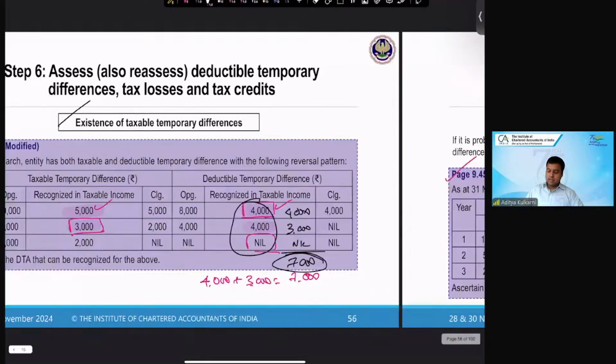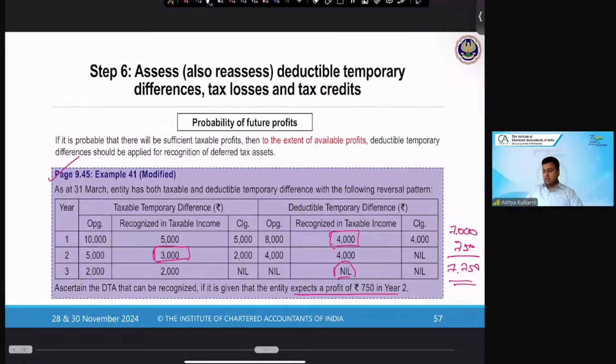Existence of taxable differences. Okay. Now, continuing further, same question. Here I had 4,000, here I have 3,000, so I can recognize 7,000. Correct?